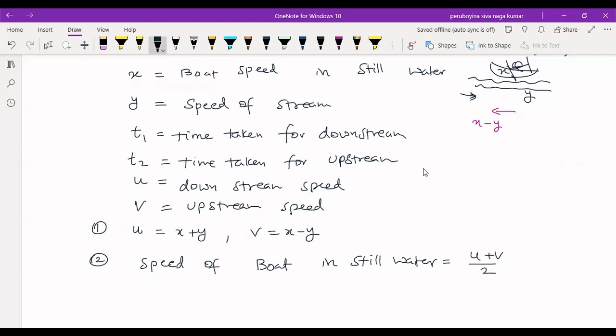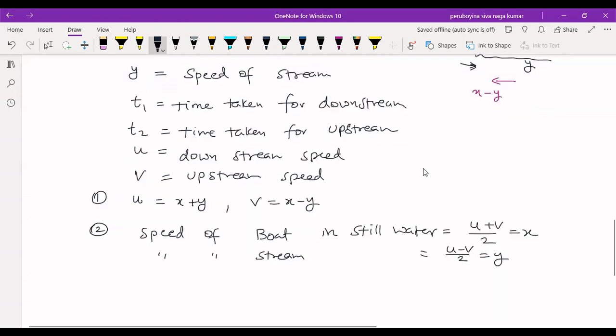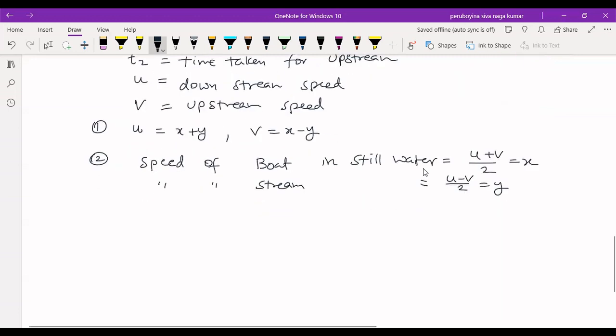That is x, right? And speed of the stream, if you want, it will be (u minus v) by 2, which is equal to y.